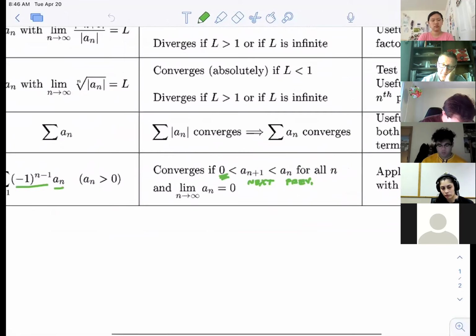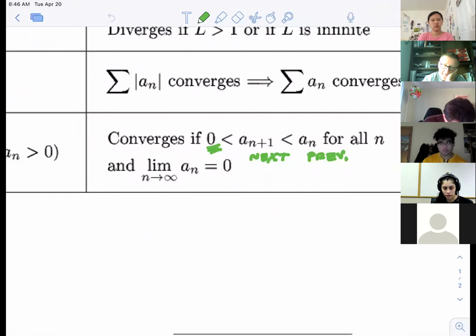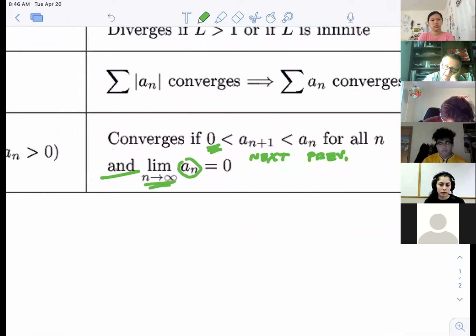The book says no. And again, notice they're being a little more precise than I am, which is good. I'm kind of balancing precision with intuition. They're saying the limit of the individual terms as n gets bigger and bigger is on its way to 0. Do we need both of those?